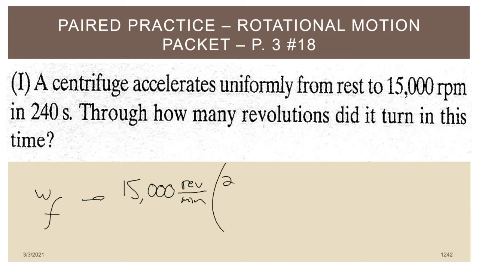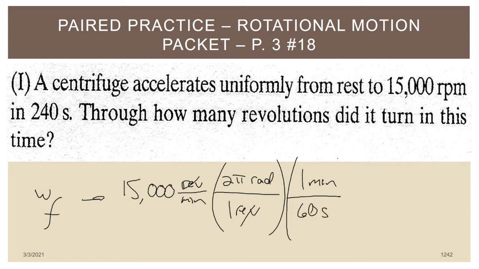And so we got to multiply by 2 pi radians over 1 revolution to cancel the revs and get radians, and then 1 minute over 60 seconds to cancel the minutes to give us seconds in the denominator. And when you multiply 15,000 by 2 pi divided by 60, you get 1,570.8 radians.